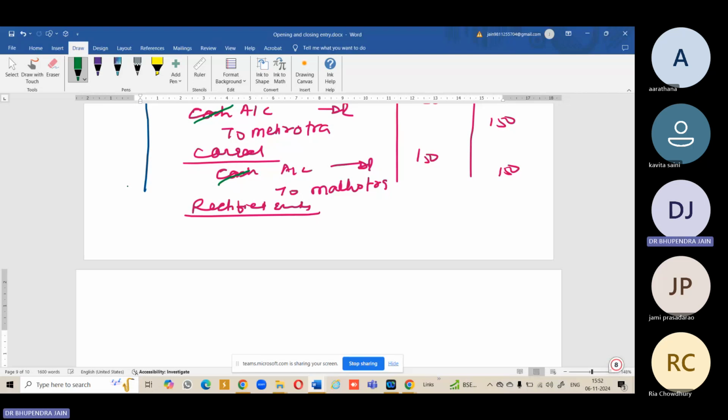Now write down the correct in the correct side, मतलब to Malhotra. And write down the wrong entry into the reverse side. So ki Mehrotra given in the credit side, so we have to write down in the debit side. So Mehrotra account debit to Malhotra rupees 150. Next.